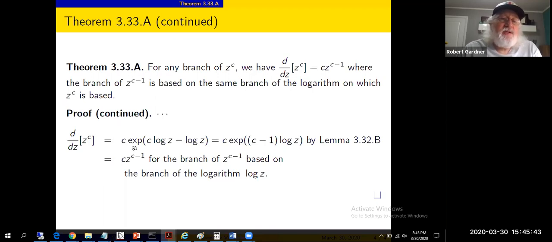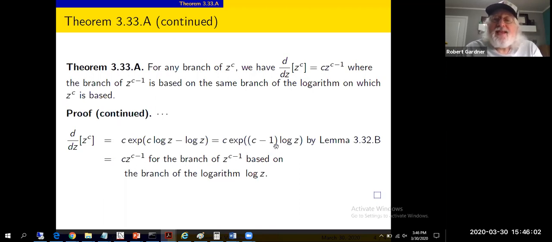So we get c e to the c log z minus log z. Let's factor c minus 1 out, leaving us with a log z. So we got c e to the c minus 1 log z. Well, that's the very definition of z to the c minus 1.